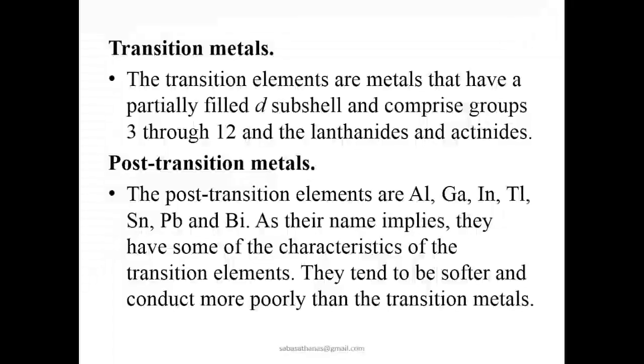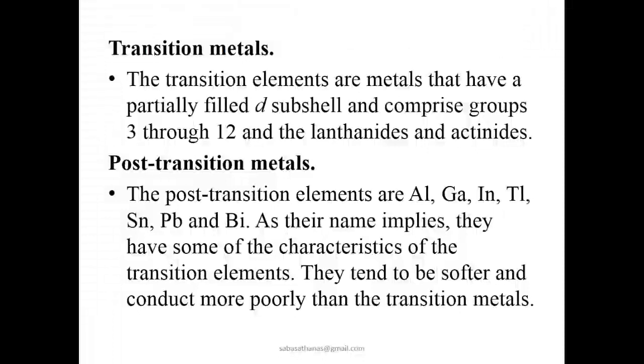Another is so called transition metal. The transition elements are metal that have a partially filled d subshell, and they comprise group 3 through 12 and the Lanthanides and the Actinides ndani yake.